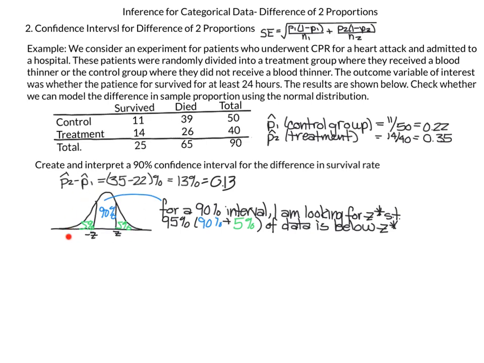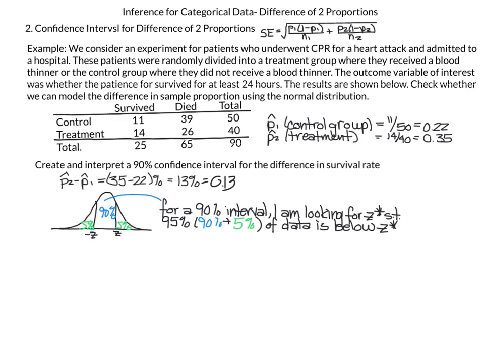For a 95% confidence interval, so around the mean, I want all the data that's 90%, which means above our z-score and below our z-score, we must have 5% in each, right? Because the total area under the curve is 100%, so 100% minus 90% is 10%, and then we divide it up in the two areas here.